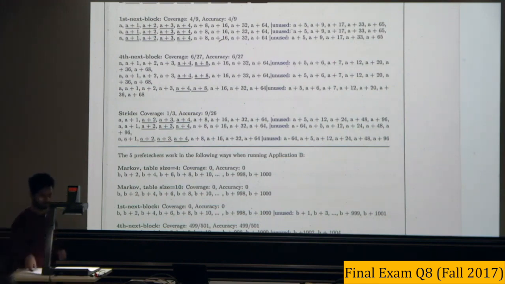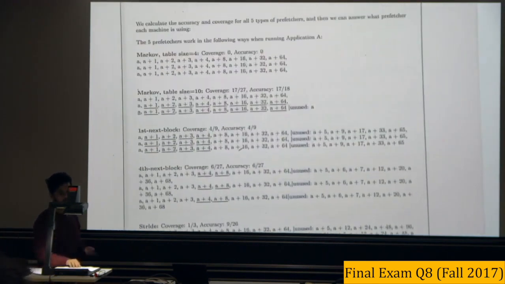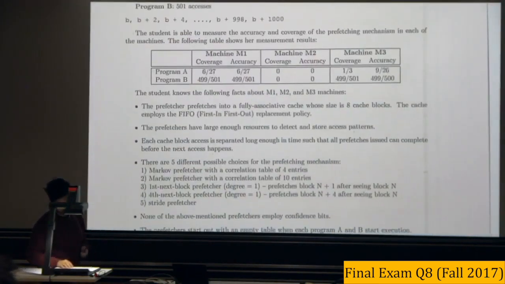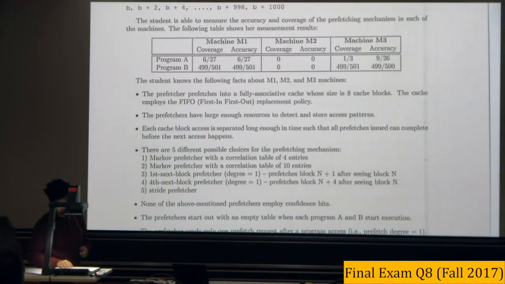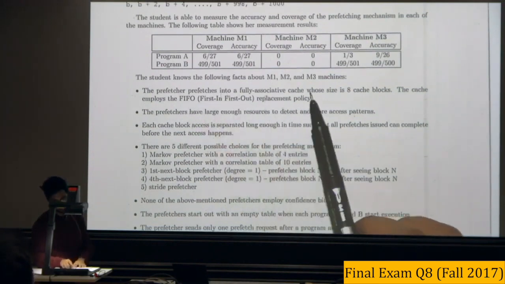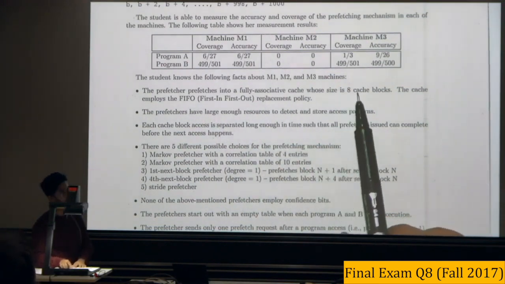But how long does A plus 4 actually stay ready in the cache? In the ideal scenario, yes, it depends on the cache. But as we have said here, the prefetches go into a fully associative cache whose size is 8 cache blocks.